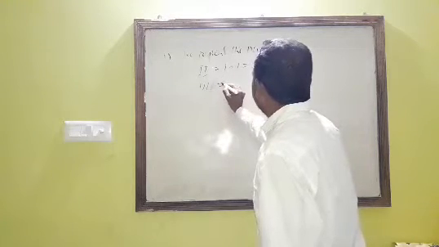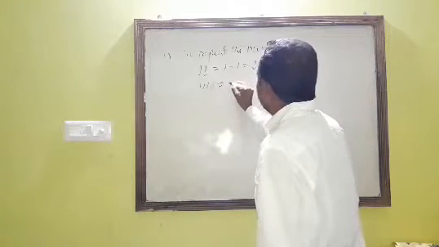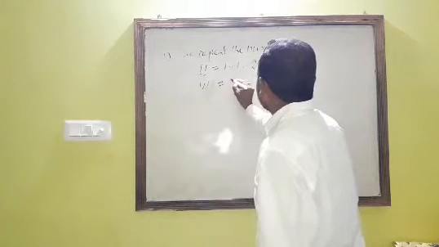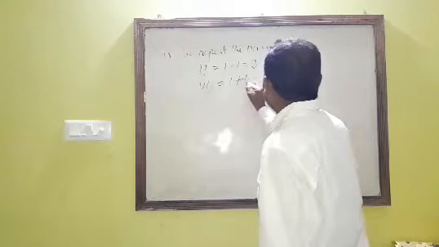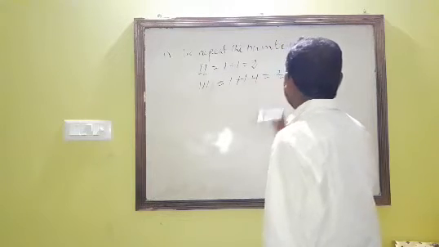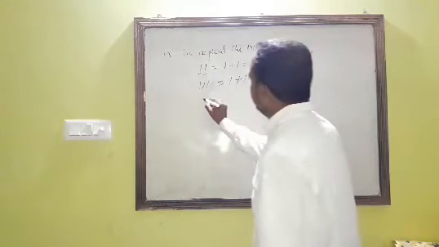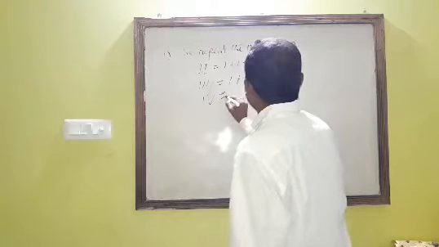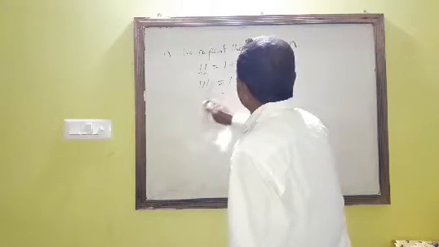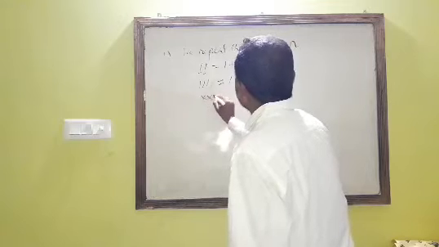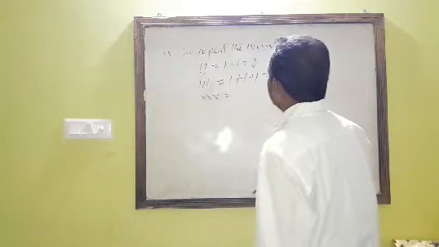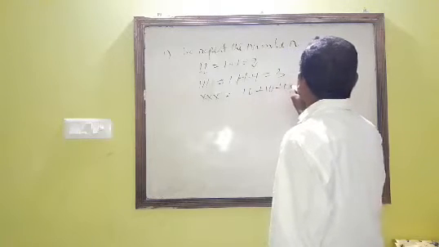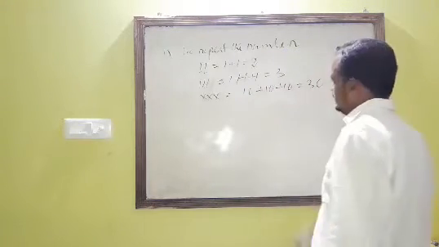So here the value of III corresponds to 1 plus 1 plus 1 equal to 3. Similarly, the value of XXX is 10 plus 10 plus 10, which equals 30.